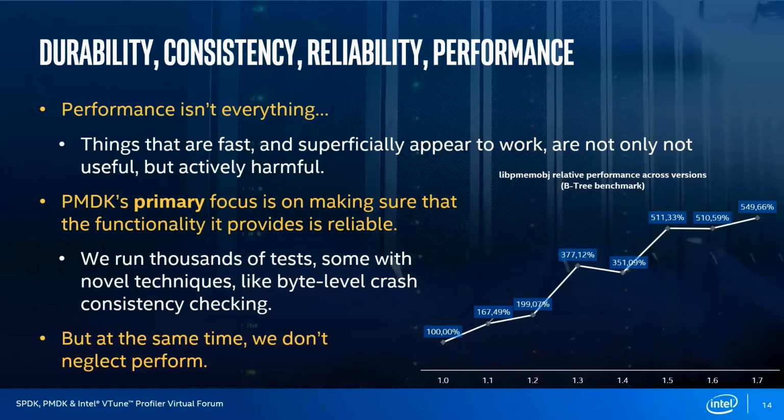But not only is it not useful, when you use a solution that superficially appears to work, it can actively harm you when something bad happens. Right? So our focus in PMDK is to make sure that our algorithms and data structures are very reliable and always provide consistency.